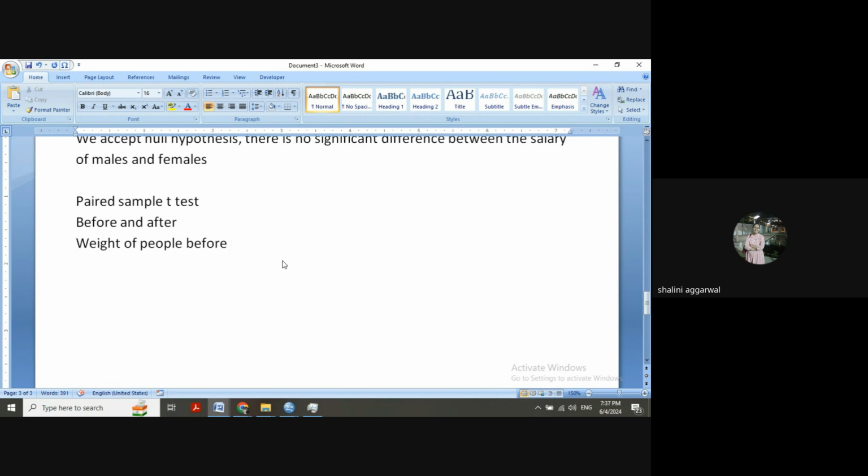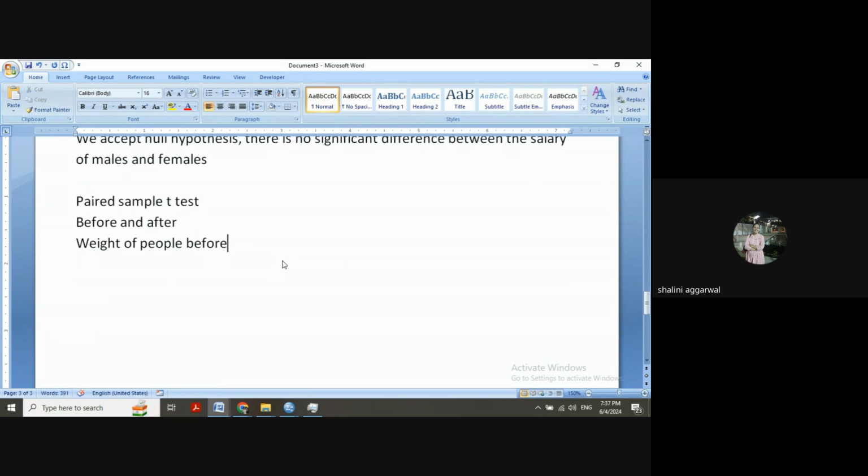Let's say there is a doctor who promises that if you take his medicine, the weight will be reduced. So let's say there are 10 people who weigh themselves and then started taking the medicine of that doctor, and they want to check whether there is a significant difference in the weight of those people after taking the medicine.